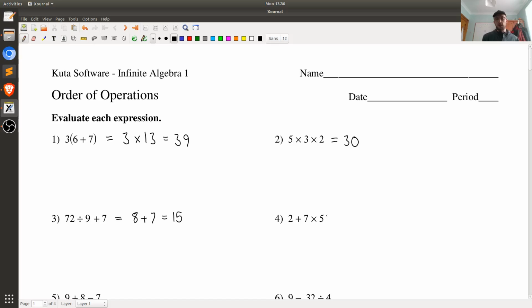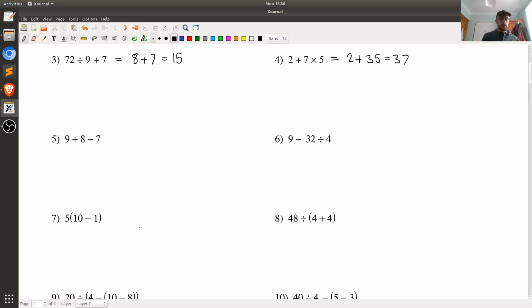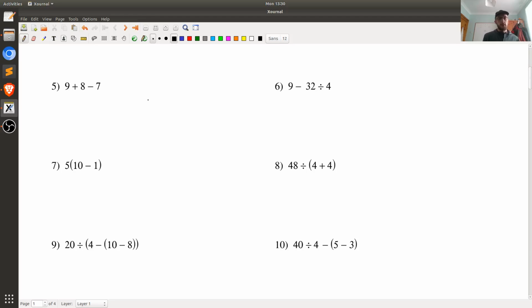2 add 7 times 5. We've got to do multiplication first. So this becomes 7. Well, let's see. 7 times 5, that's 35. So this becomes 2 add 35, which is 37. Next up, 9 add 8 takes 7. It's very simple.